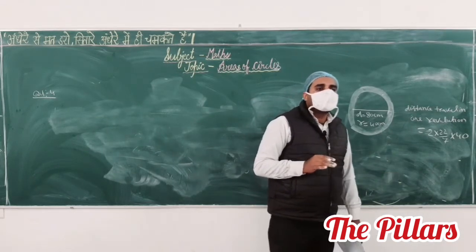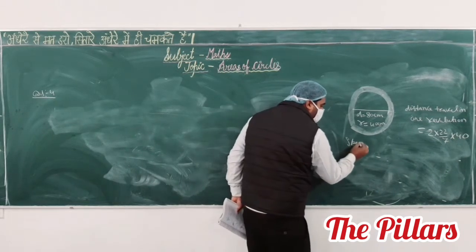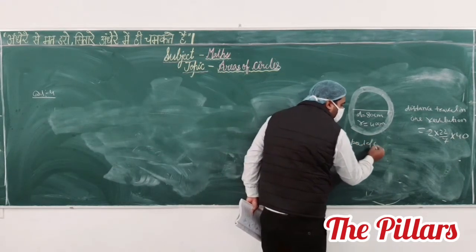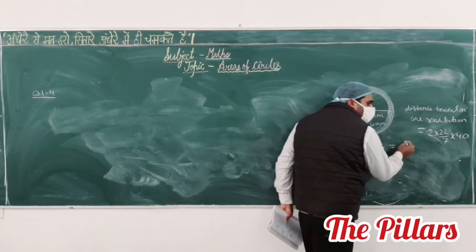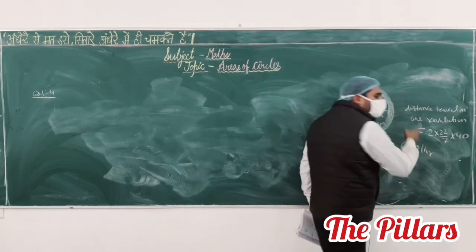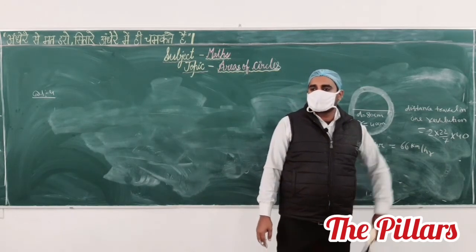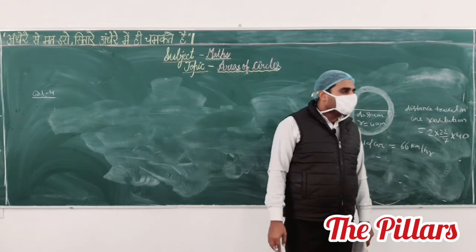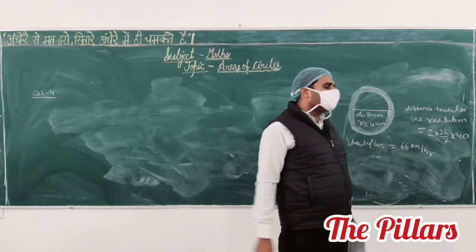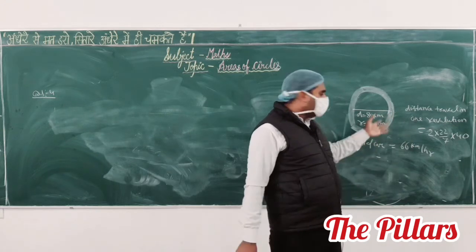The speed of the car is given as 66 kilometer per hour. It means it will move 66 kilometer in 1 hour. Then first you have to calculate how much distance it will travel in 1 minute.